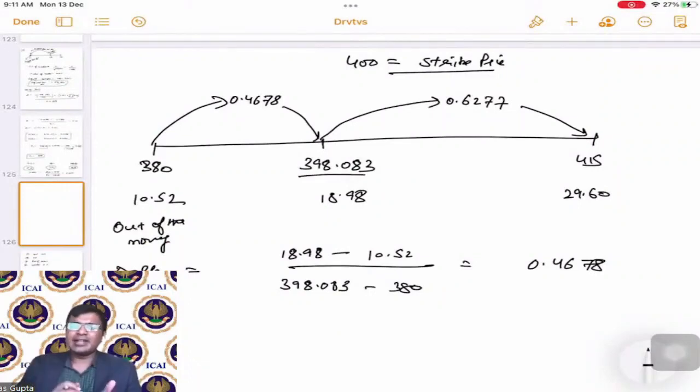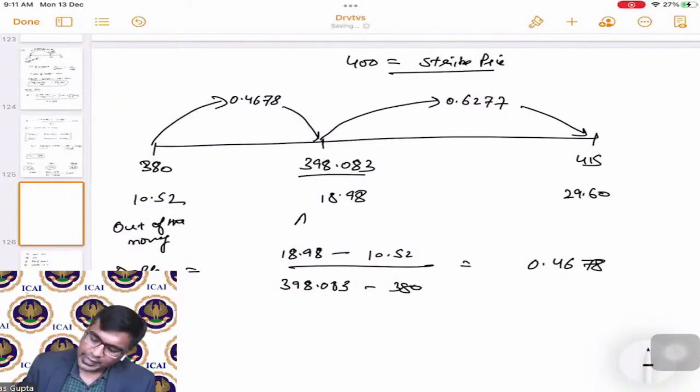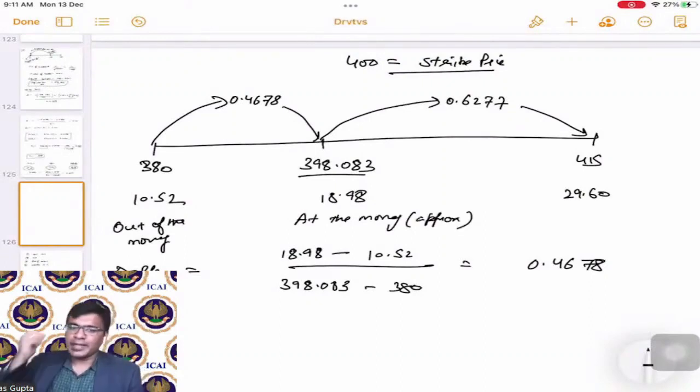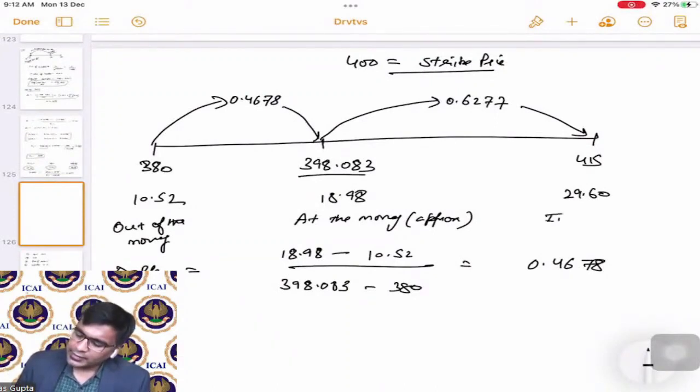Because 400, 398, in this example, we are not taking the exact value, but I'm saying it is near or around at the money. At the money approximately, correct? Because I have to explain this. Even if you take 400 and do this, the answer will be slightly same only, correct? And then this is in the money.